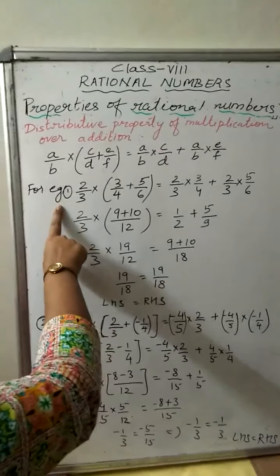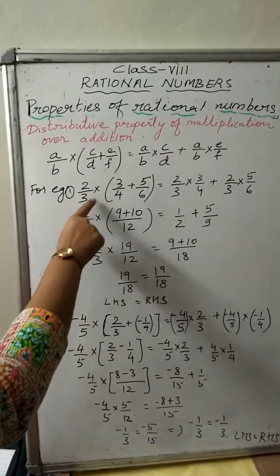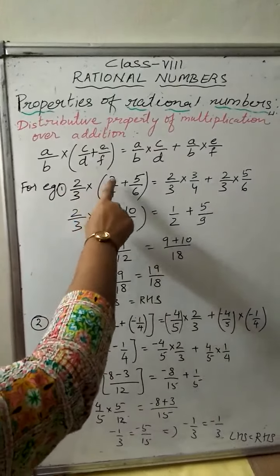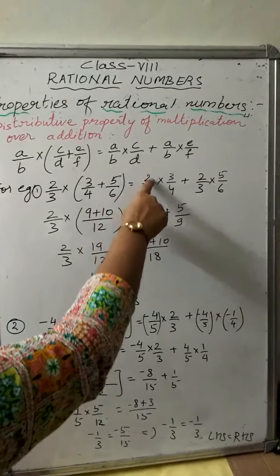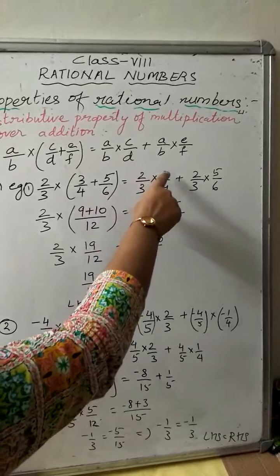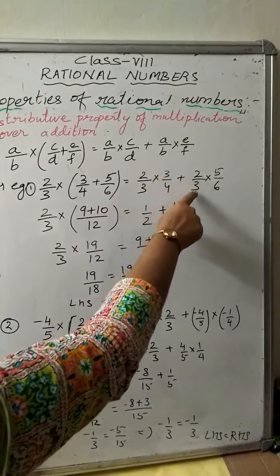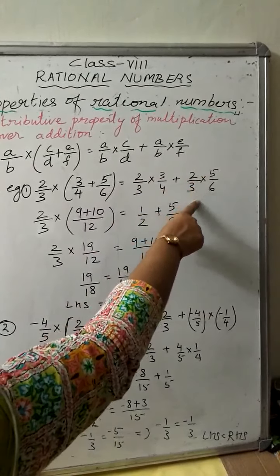For example, 2 by 3 into (3 by 4 plus 5 by 6) is equal to 2 by 3 into 3 by 4 plus 2 by 3 into 5 by 6.